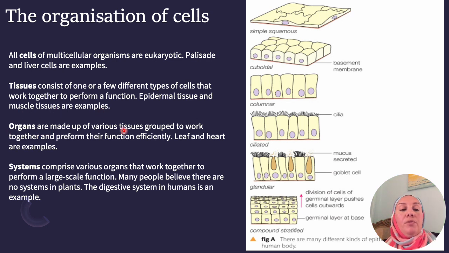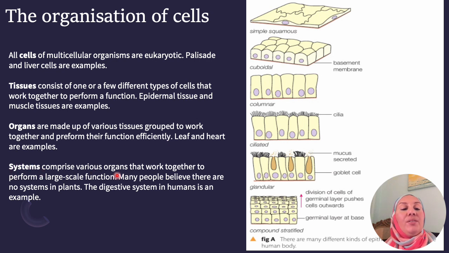Organs are made up of various tissues grouped to work together and perform their function efficiently. So a leaf is an example of an organ in a plant, and the heart or the eye is another example of an organ in a human being, or animals.